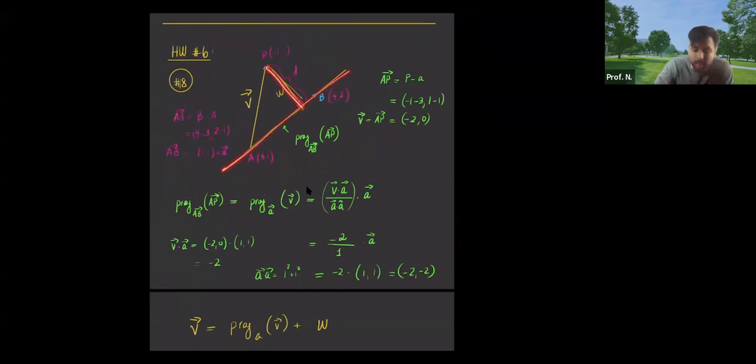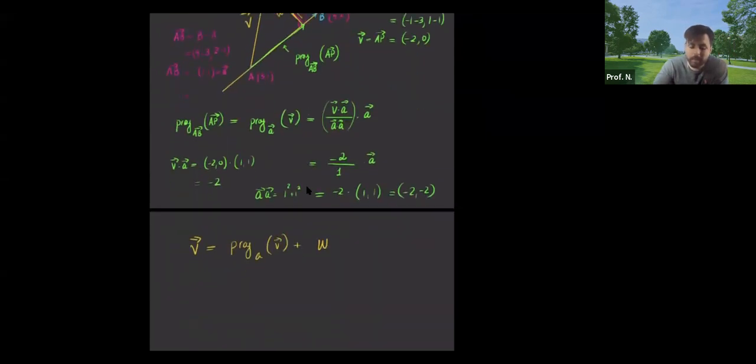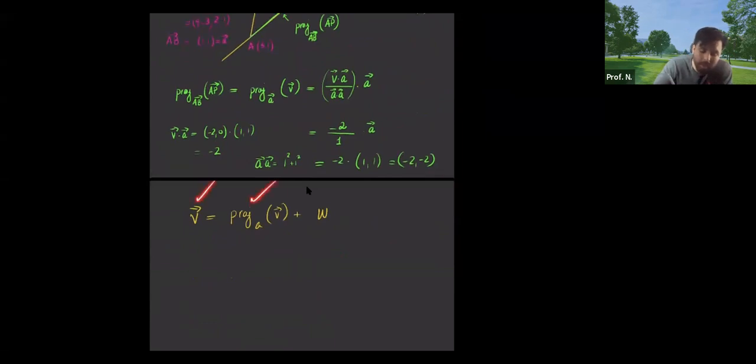That's another more fancy way of saying it's just orthogonal to that line. I know what this is. I know what this is. I can find what this is by subtracting, right? This missing vector W is V minus the projection. Oh, it's starting to look a lot like the Gram-Schmidt process a little bit.